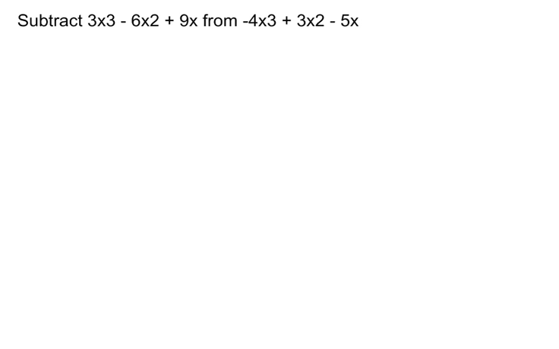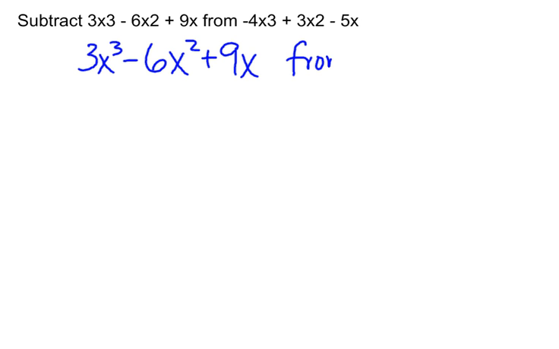And then our last problem says to subtract, and this didn't come out right. It says to subtract 3x to the third minus 6x squared plus 9x from negative 4x to the third plus 3x squared minus 5x.